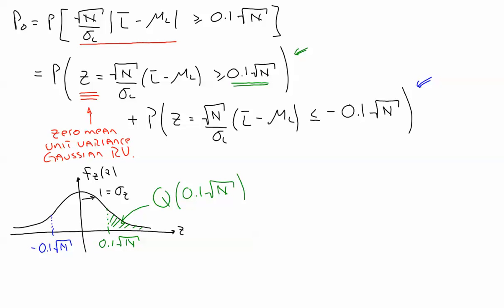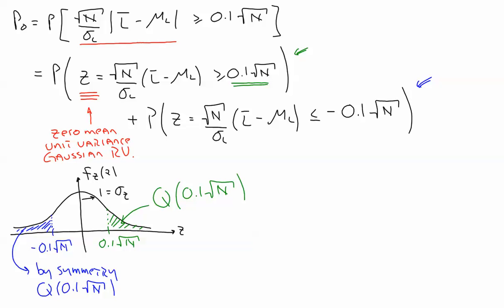It's the area less than negative 0.1 times the square root of n, and by symmetry the area of that blue hatched area is also Q of 0.1 square root of n.